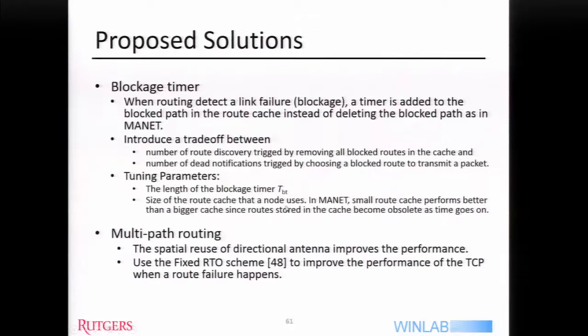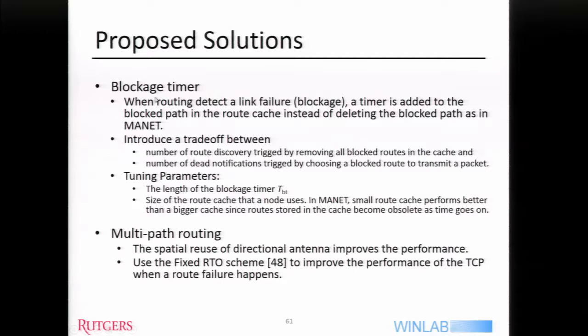We propose two solutions to mitigate the link outage problem in the 6 GHz. The first thing is that we introduce a blockage timer, because we have to know the average length of time that a link is blocked. In the traditional mobile ad hoc network, if the source finds the route is broken, it just removes it from the cache. After all the routes are deleted from the cache, it will start another route discovery to find another set of routes.